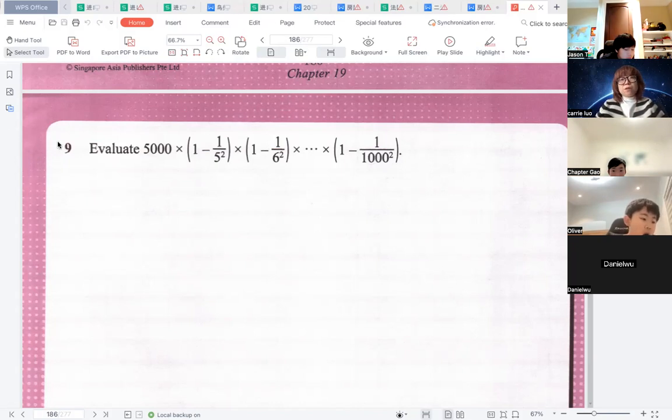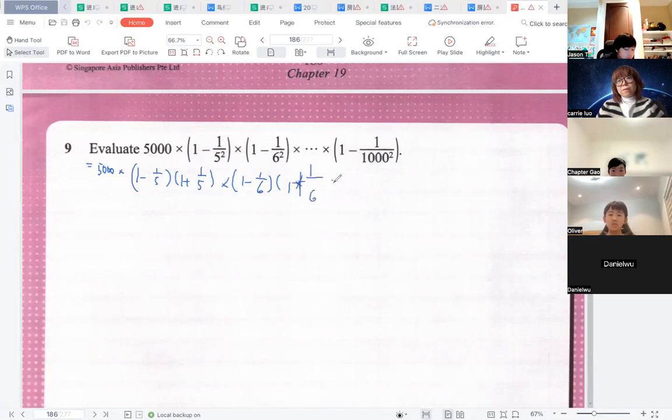Okay, last question. So everybody, it equals what? It equals 1 minus 1 over 5 times 1 plus 1 over 5 times 1 minus 1 over 6 times 1 plus 1 over 6, right? And all the way to 1 minus 1 over 1,000 times 1 plus 1 over 1,000. Correct?